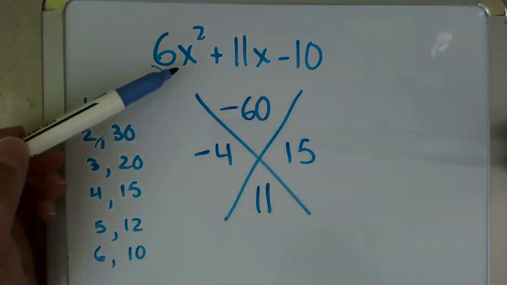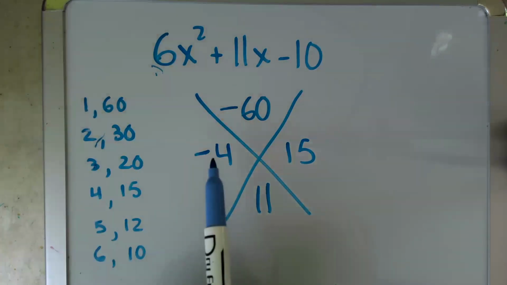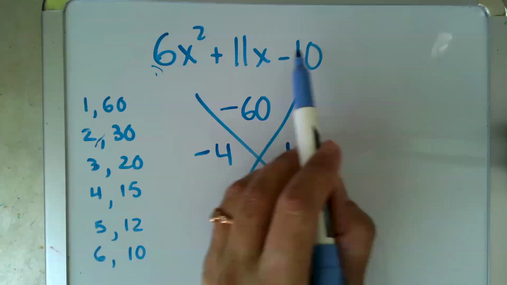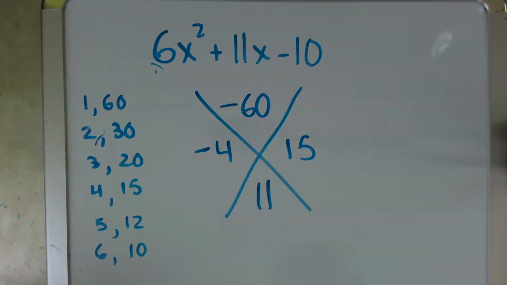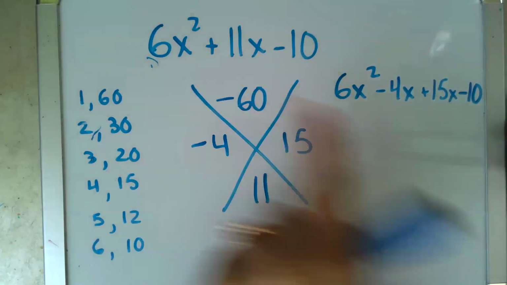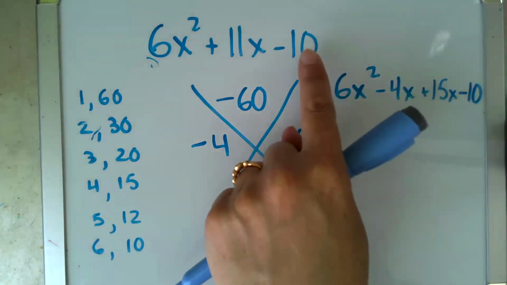Now, we are not done. Because our x squared term has a coefficient, these are not what go directly in the parentheses. We now move to factoring by grouping. If this is not familiar, check out this video. Otherwise, we rewrite our original quadratic like this. So our 6x squared is our first term, and our negative 10 is our last term.